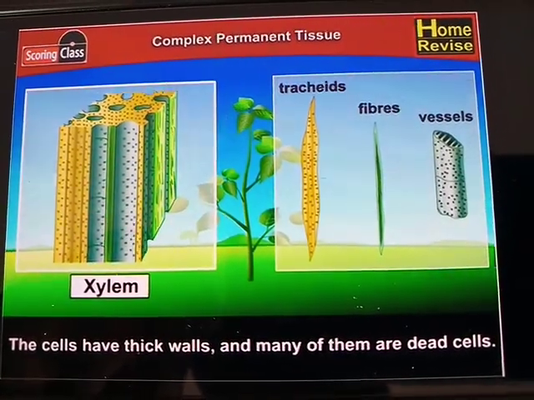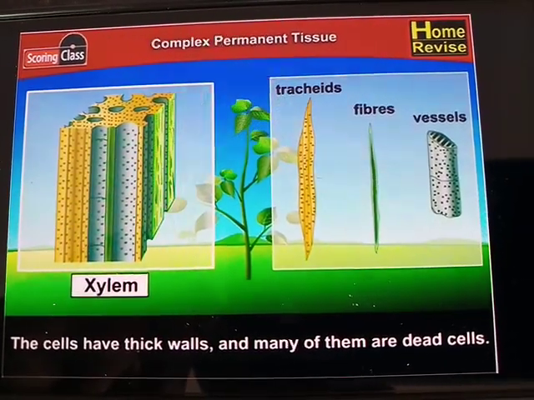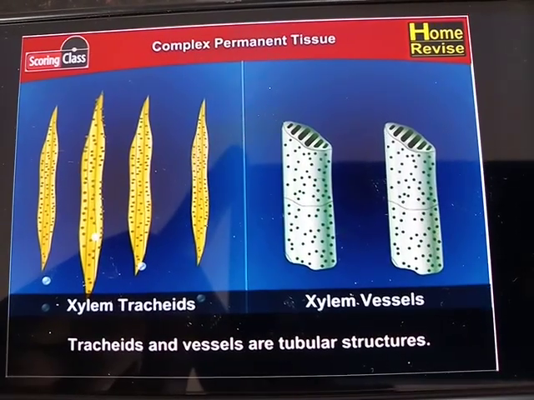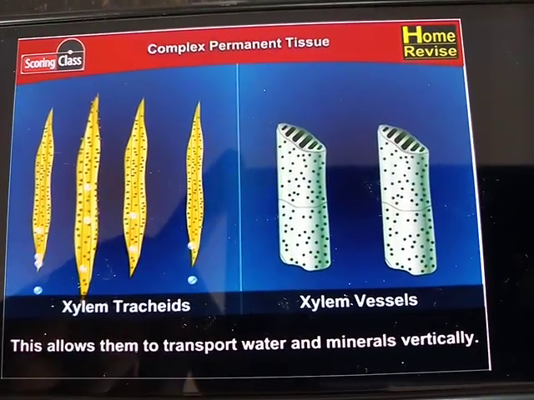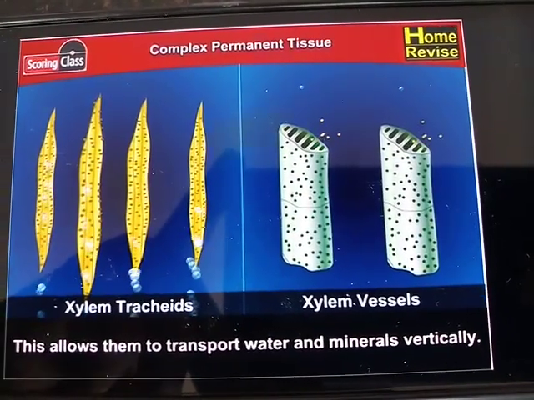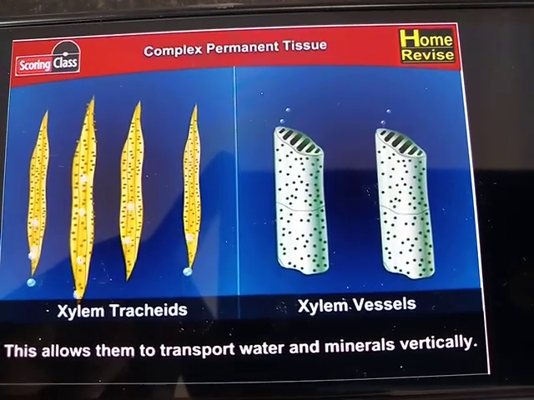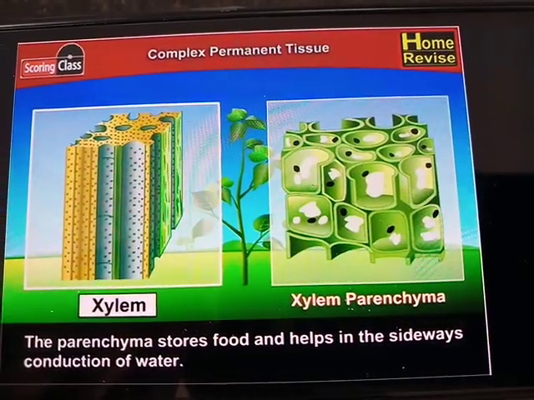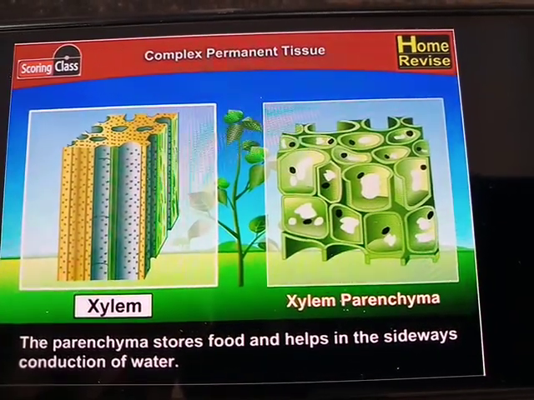The cells have thick walls and many of them are dead cells. In xylem, tracheids and vessels are tubular structures. This allows them to transport water and minerals vertically from the roots to the leaf part of the plant. The xylem parenchyma stores food and helps in the sideways conduction of water.